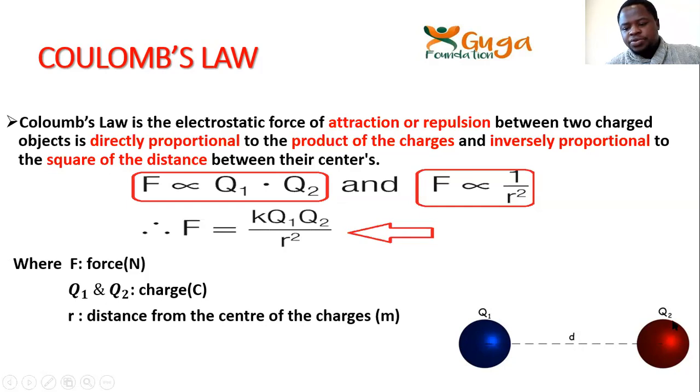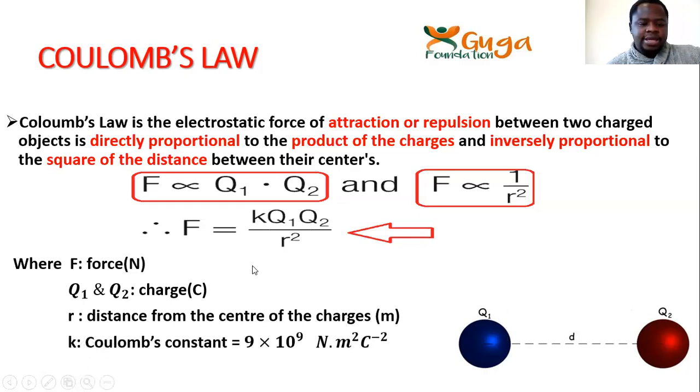This is Q1 and Q2, and from center to center you have your distance R or D. And then K is your Coulomb's constant, which is given as 9 times 10 to the power 9 newton meter squared per coulomb squared. You also know that force is a vector quantity, meaning that it has both magnitude and a direction.